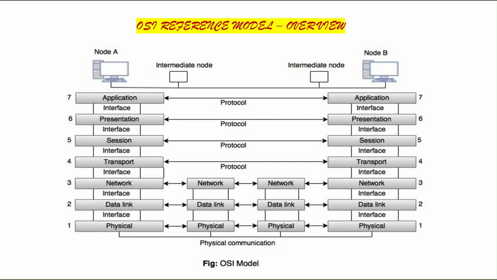It was the first standard model for network communications, adopted by all major computer and telecommunication companies in the early 1980s. It was introduced in 1983 and adopted by the ISO as an international standard in 1984.